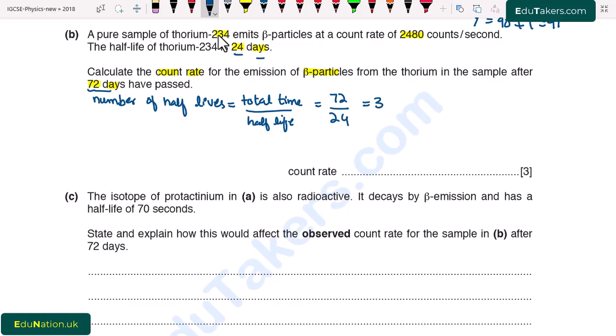So it becomes 3 half-lives. It means that 3 half-lives pass. So initially it is given that the sample count rate is 2480. I write here count rate and here is half-life.